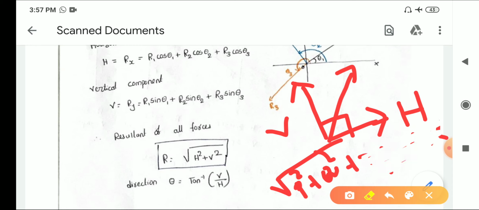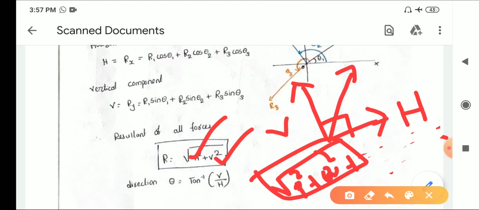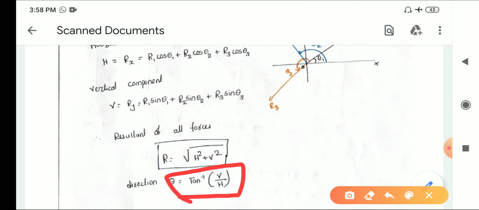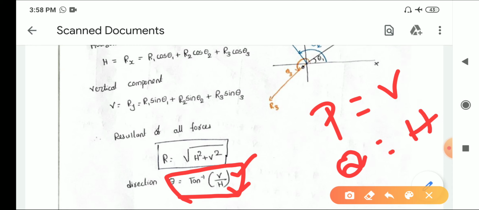Then what remains? P square plus Q square. Similarly, H square plus V square. Okay, this is the simple way, and the direction is also similar to what we learned in the parallelogram law: V by H. Here I take P as V, Q as H, that's it. Remaining is the same, because vertical component, horizontal component.